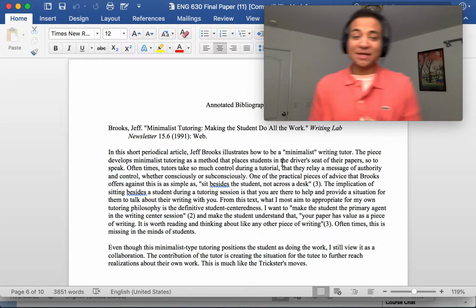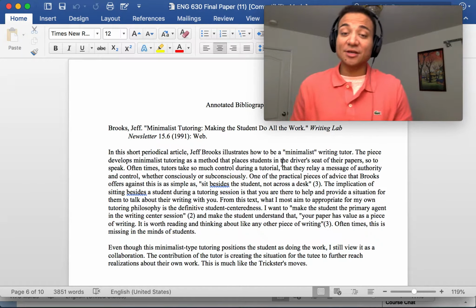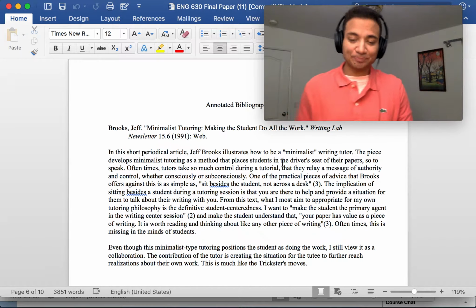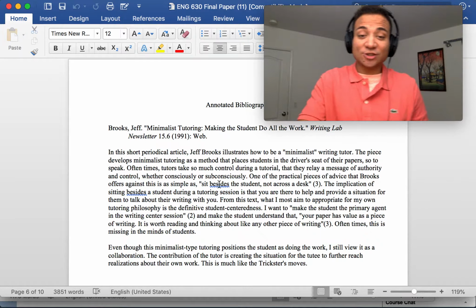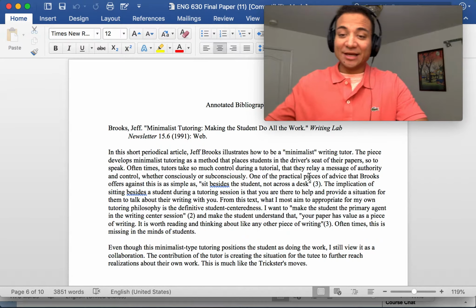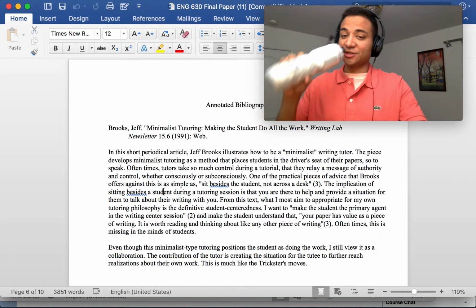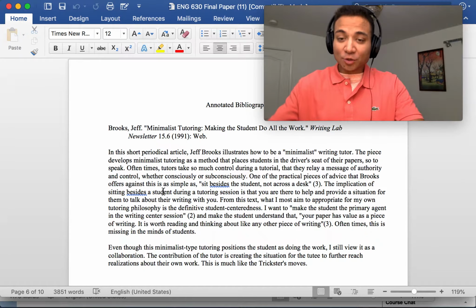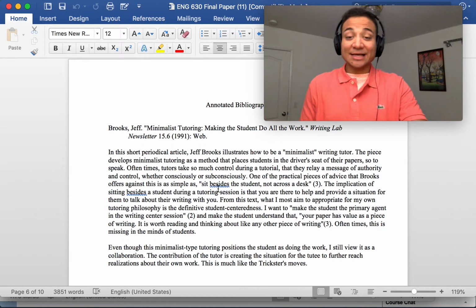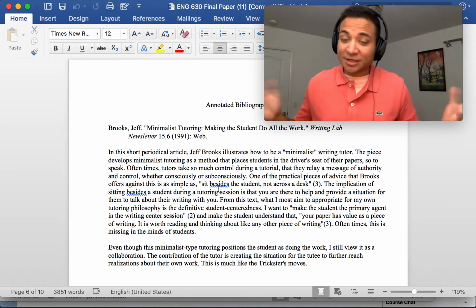The piece develops minimalist tutoring as a method that places students in the driver's seat of their papers, so to speak. Oftentimes, tutors take so much control during a tutorial that they relay a message of authority and control, whether consciously or subconsciously. One of the practical pieces of advice that Brooks offers against this is as simple as sit beside the student, not across a desk.